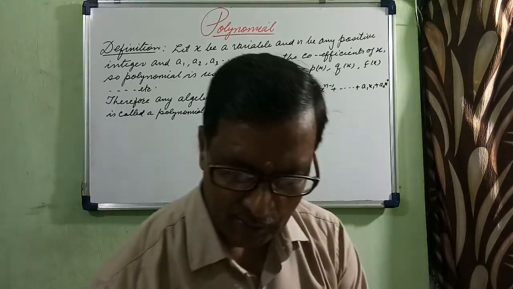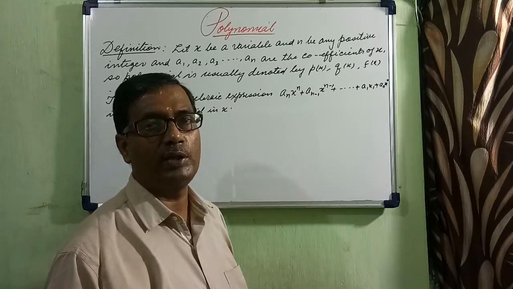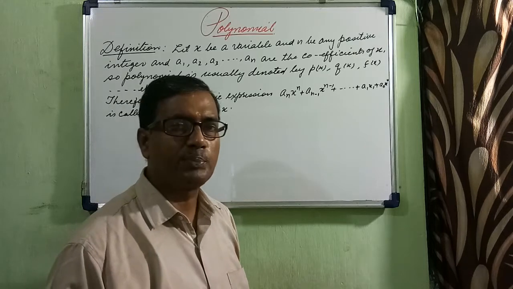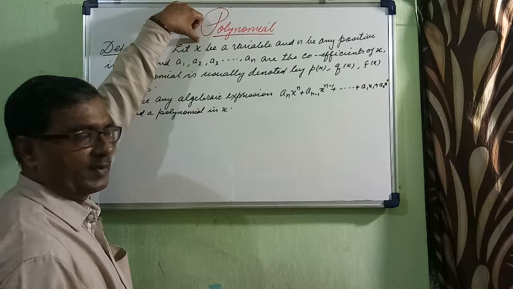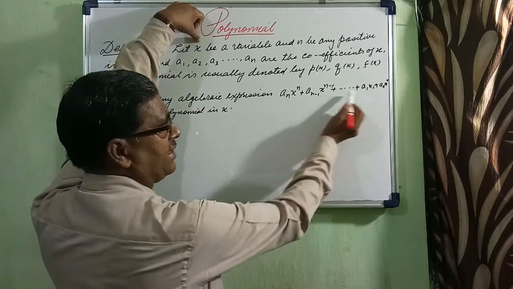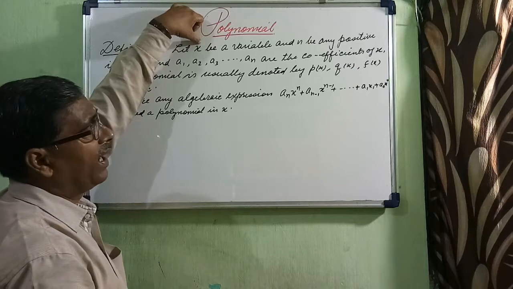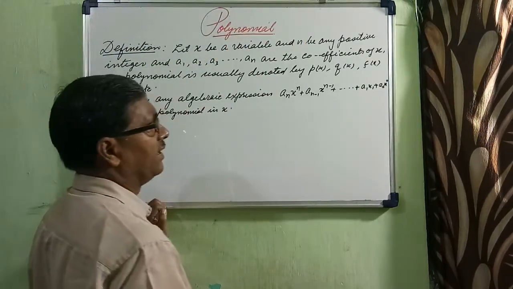That is why you have to see what kind of algebraic expression is called a polynomial. Suppose x is any variable, and n is a positive integer.